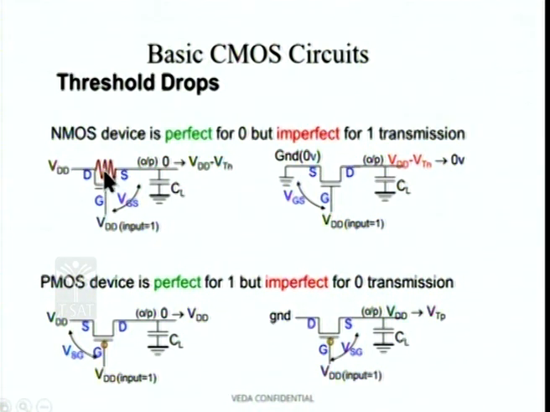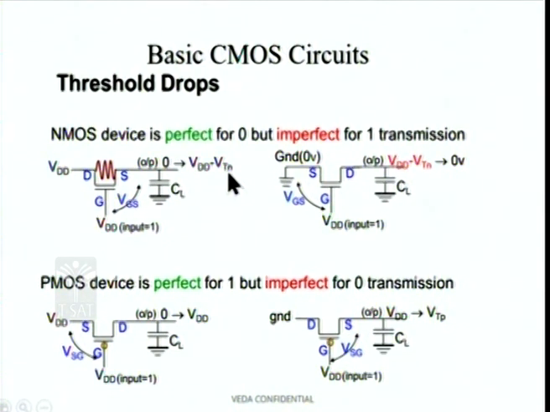That low resistance which existed when the capacitance was at 0 voltage now becomes a high resistance, and therefore the amount of current flowing through this is almost 0, and the voltage never really rises above VDD minus VTN. So, given enough time, yes, this voltage will ultimately reach VDD even though this resistance is very high.